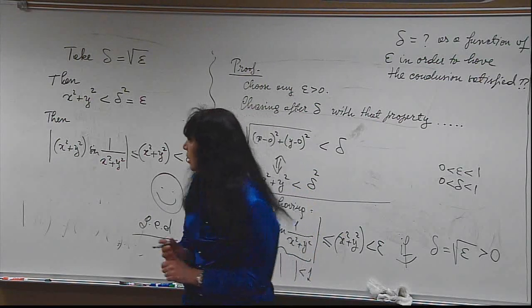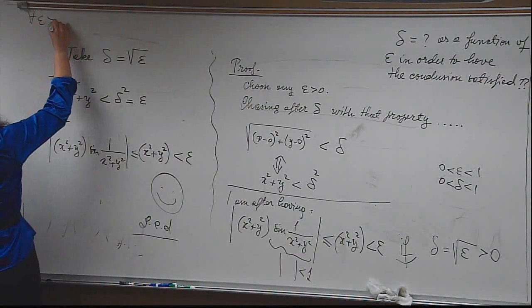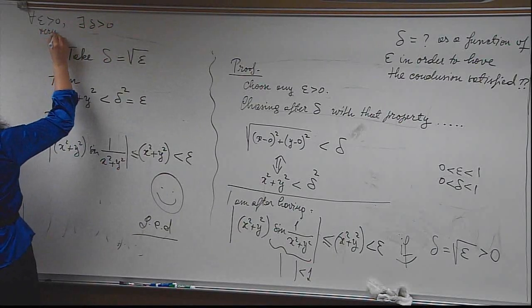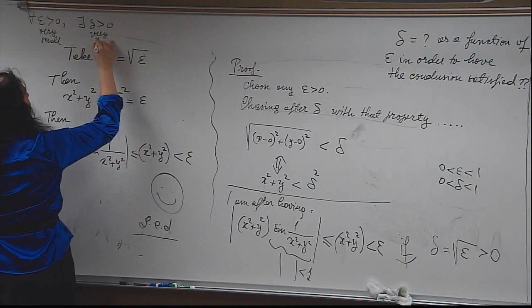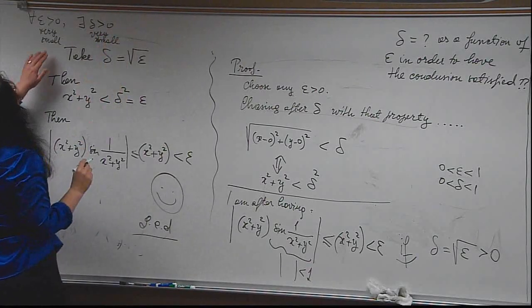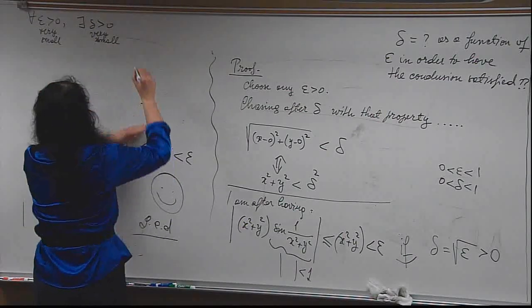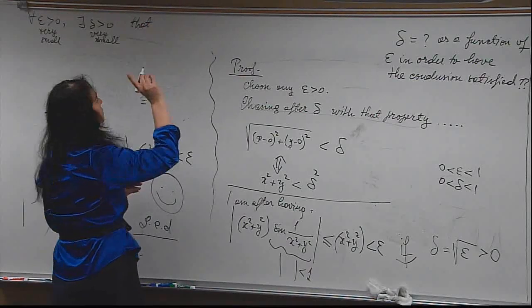So again, for every epsilon positive, there is a delta positive. Very small means very small. For epsilon greater than 0, very small, there is a delta greater than 0, very small, which depends on epsilon. I didn't say it cannot be equal to epsilon.